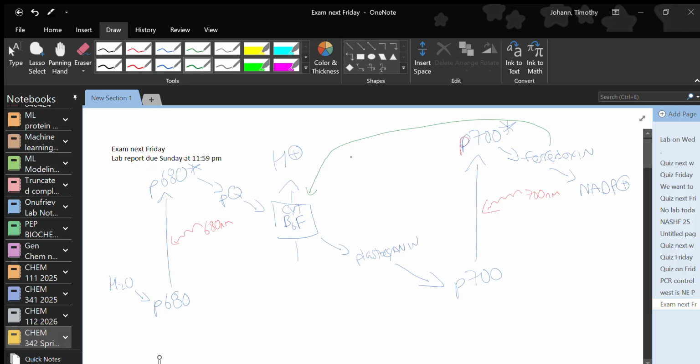And then what we've got is this could be cyclic electron flow.